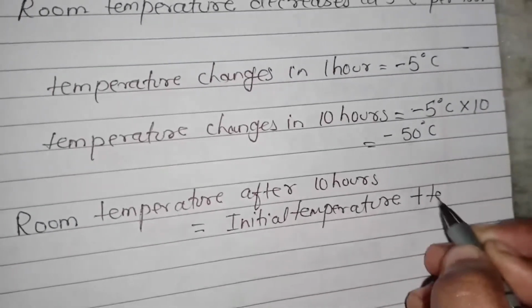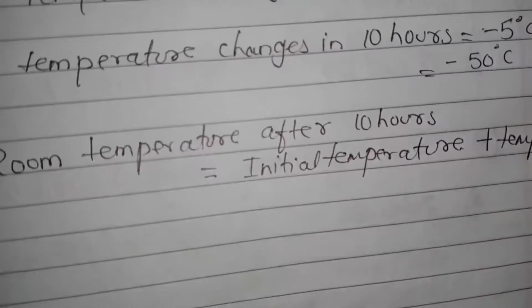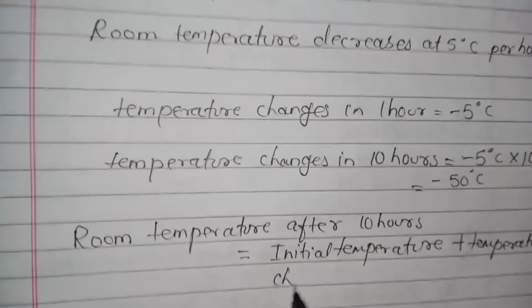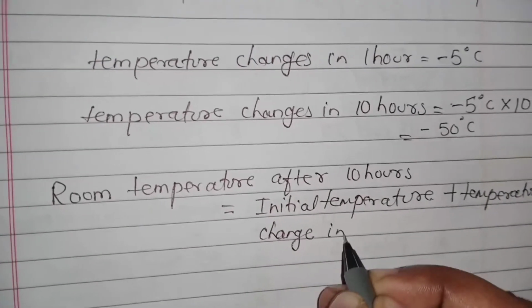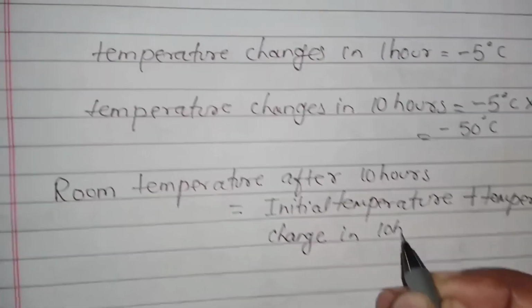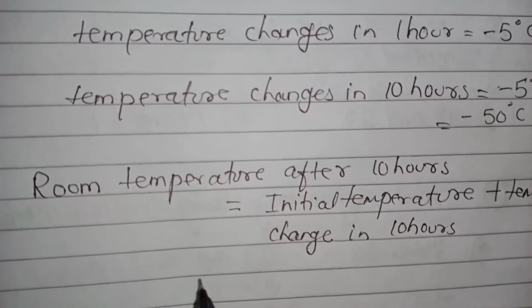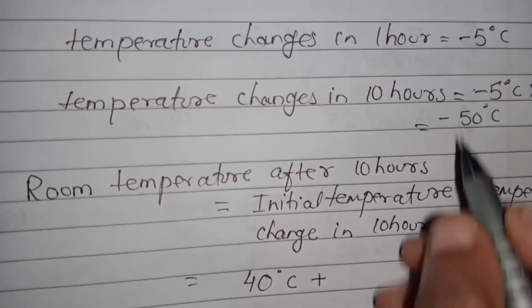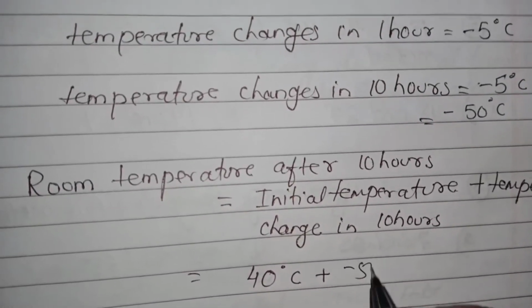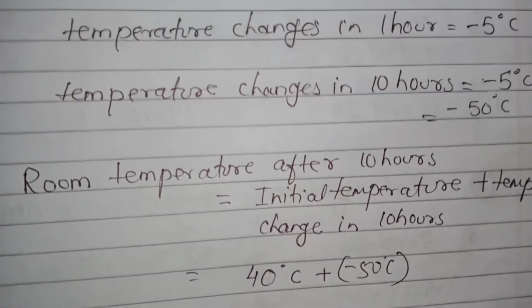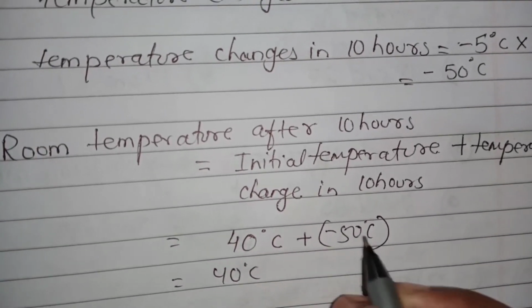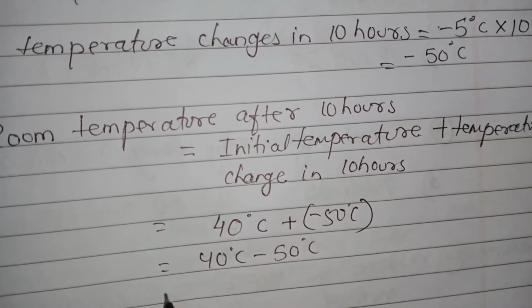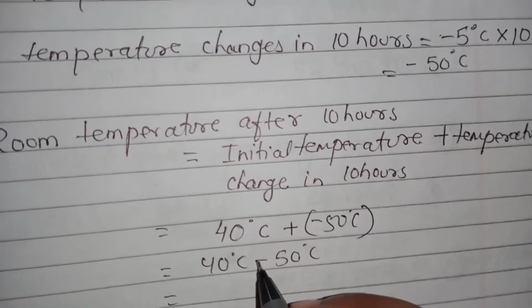Initial temperature was 40 degrees, and change in temperature is minus 50 degrees. Plus times minus gives minus, since we multiplied the signs.